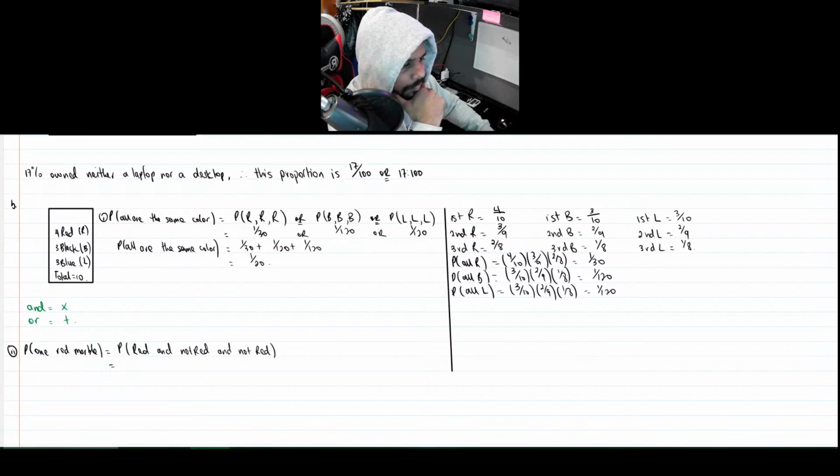Well, remember, and means multiply and or means to add. So the probability that I will pick a red marble, we have that on top there. That is 4 out of 10.